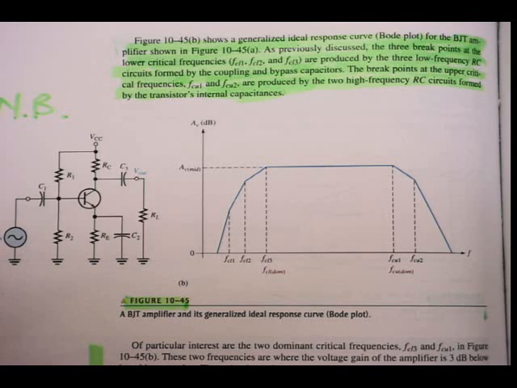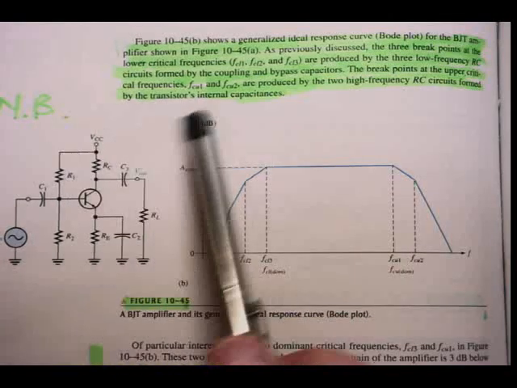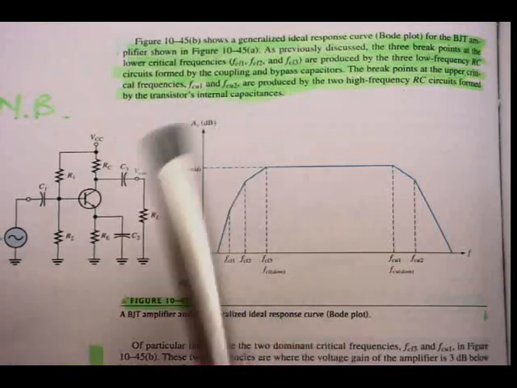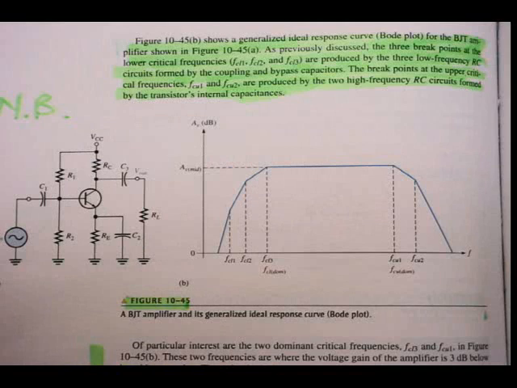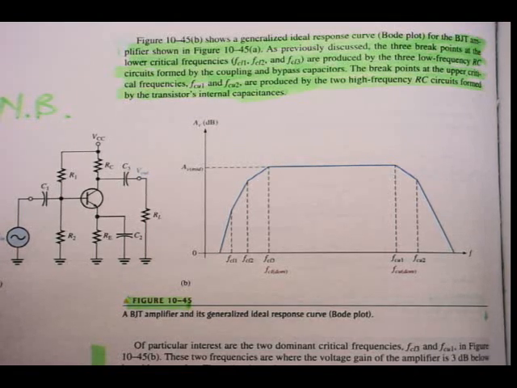The breakpoints at the upper critical frequencies FCU1 and FCU2 are produced by the two high frequency RC circuits formed by the transistor's internal capacitances. Now, I've mentioned this about 3 times, so I'm sure that you get the point by now.